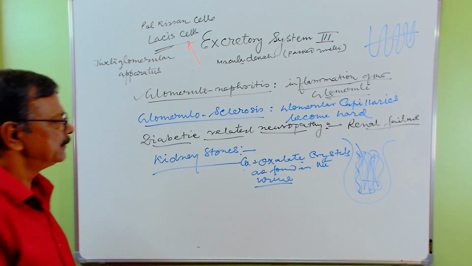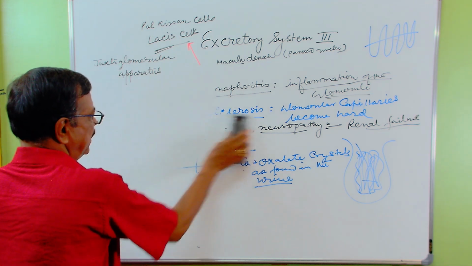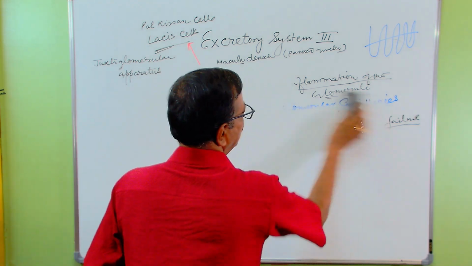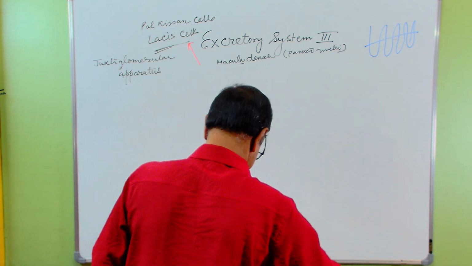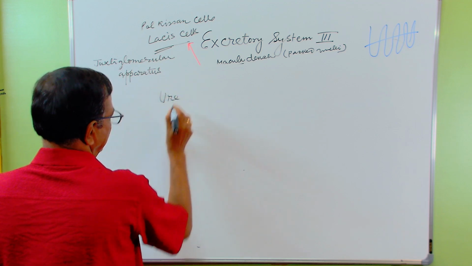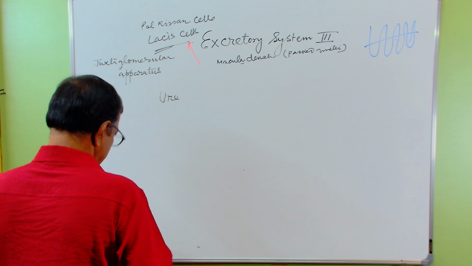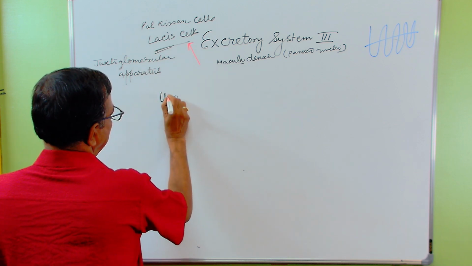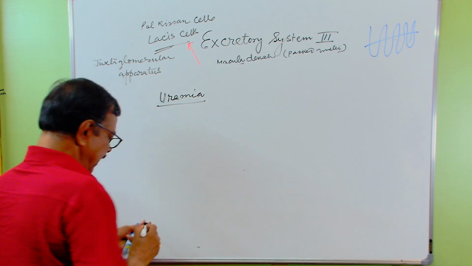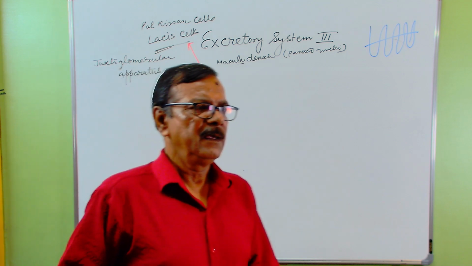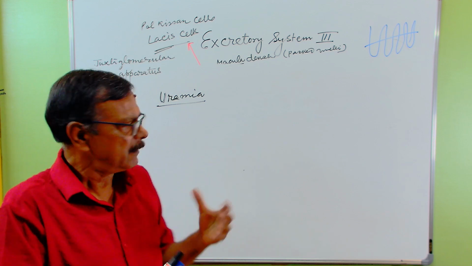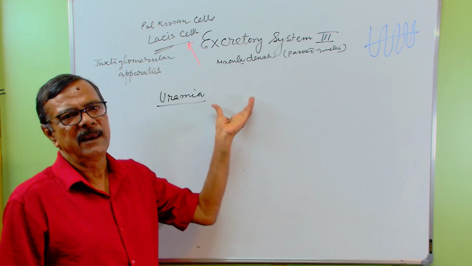Now, at the last point, we'll discuss uremia. Uremia is a condition in which the blood has excessive urea inside it.